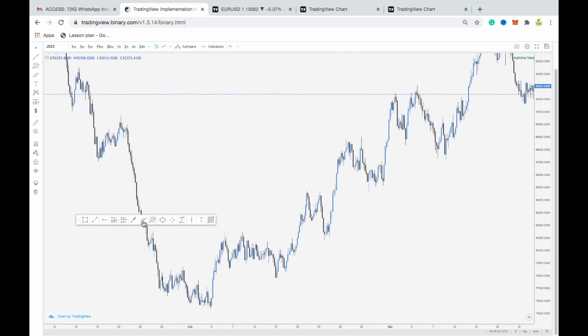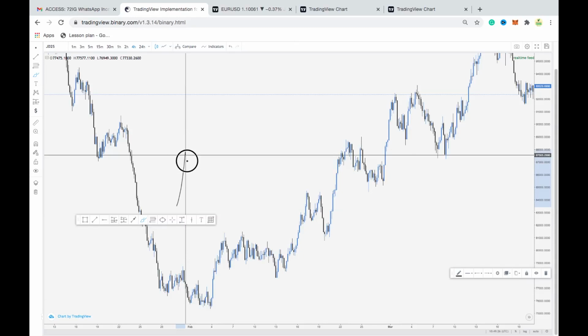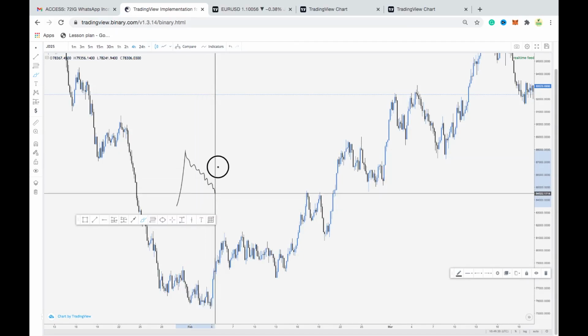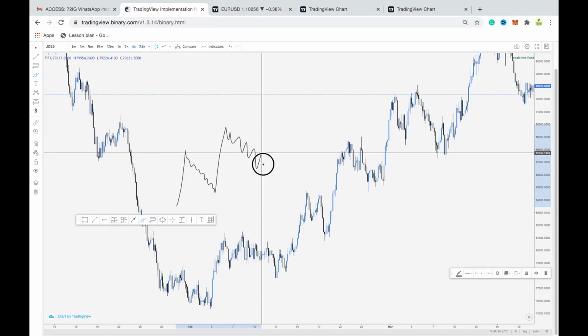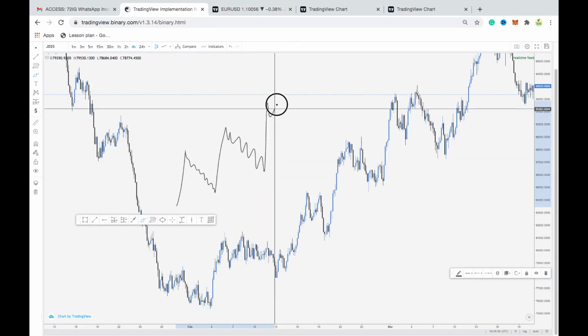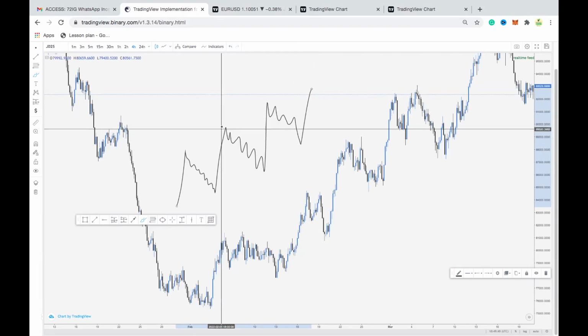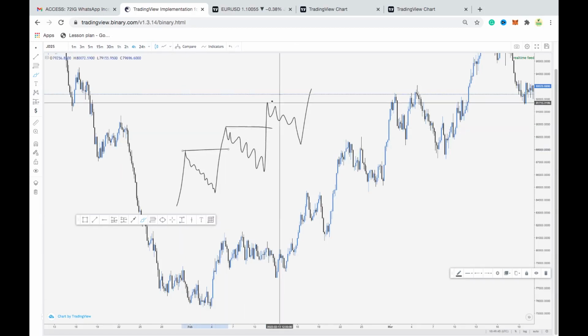Now there's something you don't know. After every impulse move, there is a correction. After that correction, we have another impulse, and another correction. After the correction, another impulse, correction. All right, this is market structure. And as these things are happening, the market is breaking highs towards the upper side.